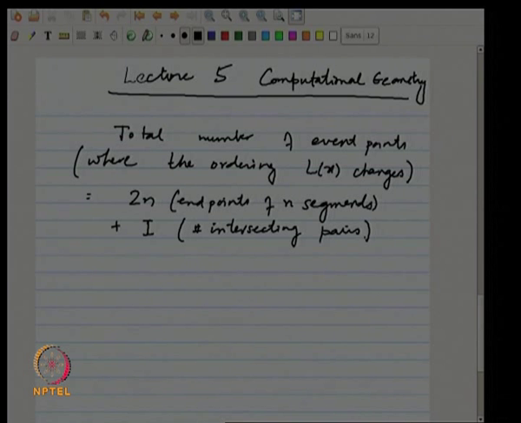So, these are the total number of event points that we encounter, and I just argued that we identify all the event points correctly.